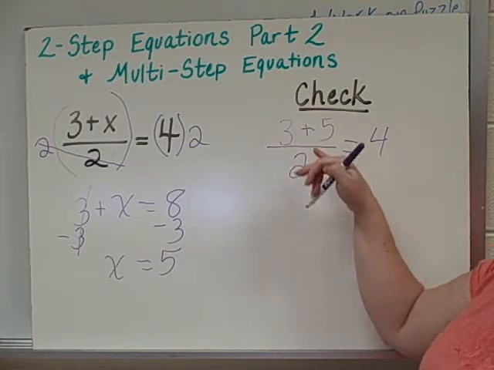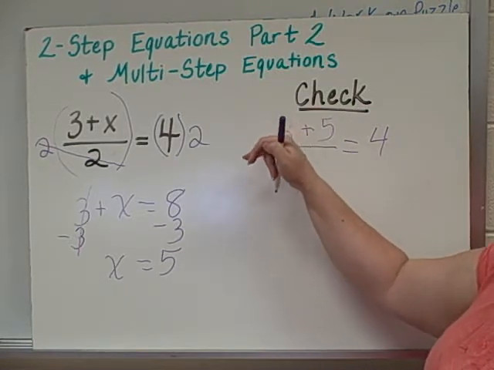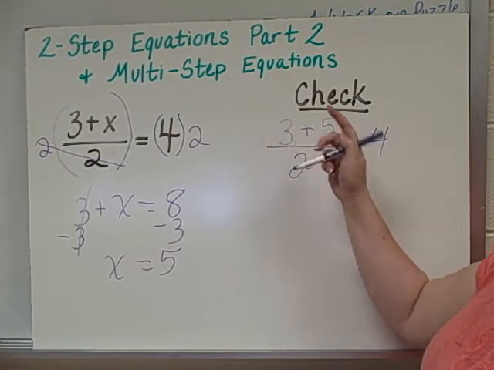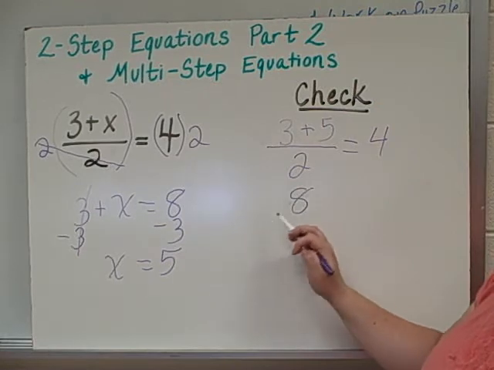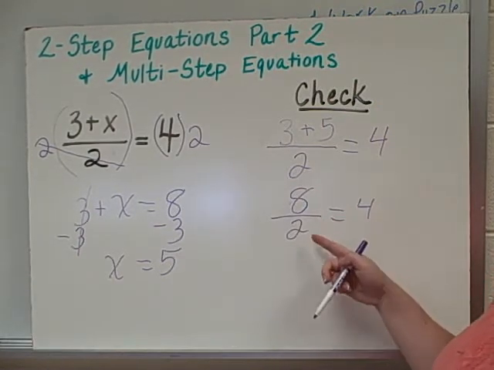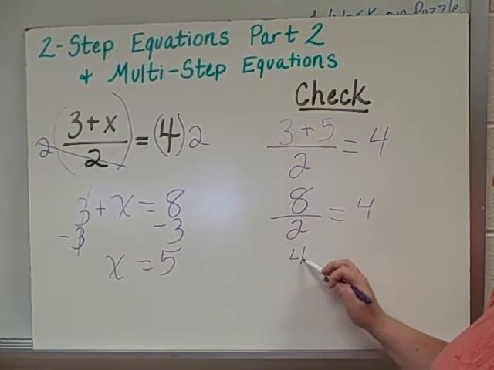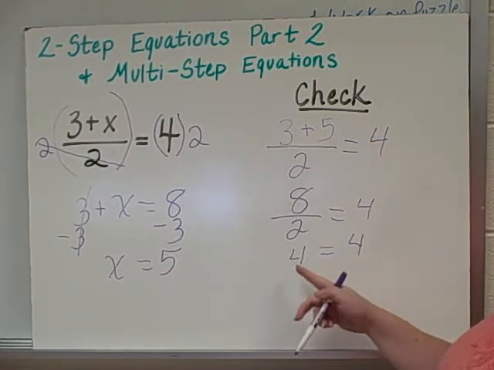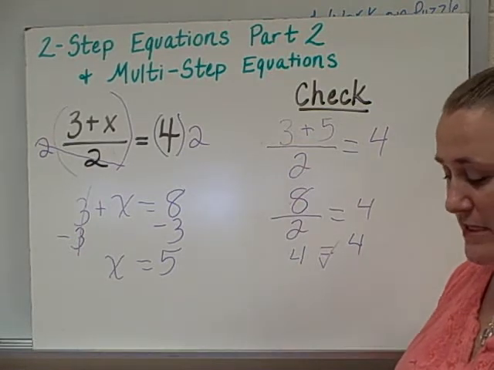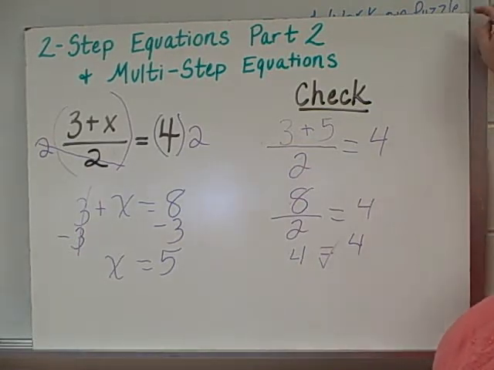This is together above the division sign, so it's like there's parentheses there. So 3 plus 5 is 8. 8 divided by 2 is 4. Does 4 equal 4? Yes, it does. So we did that correct.